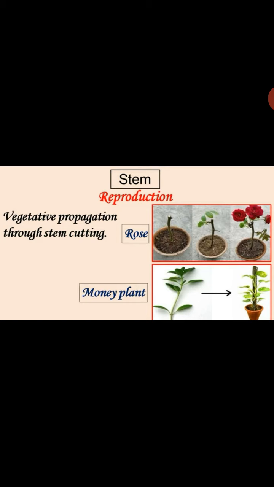As shown in the picture also, plants such as rose and money plant are propagated through stem cutting, where a portion of a stem is placed in moist soil and grows roots. Okay students?